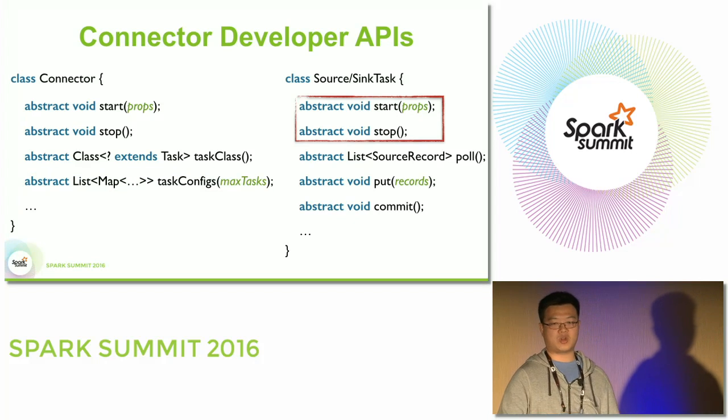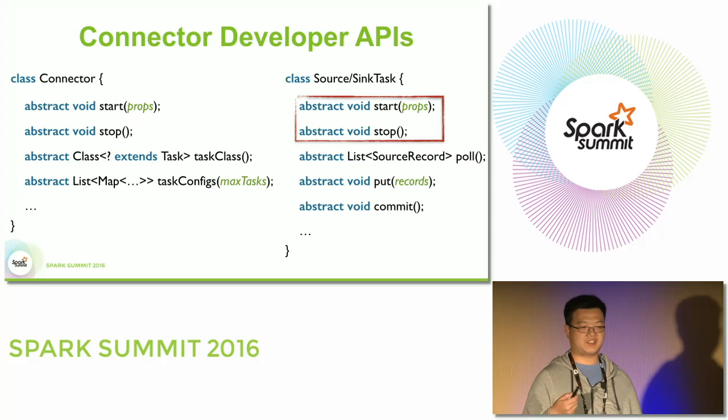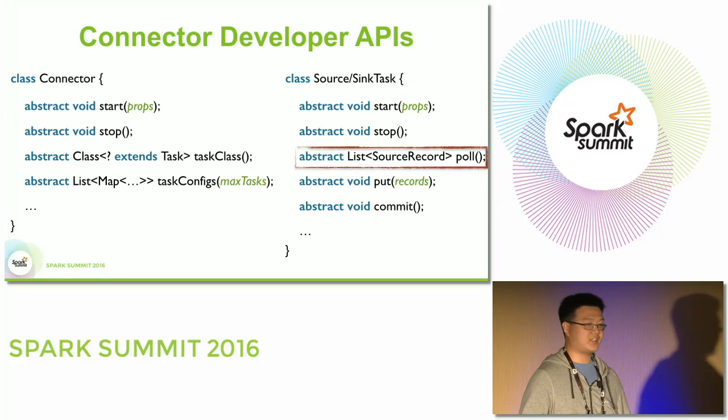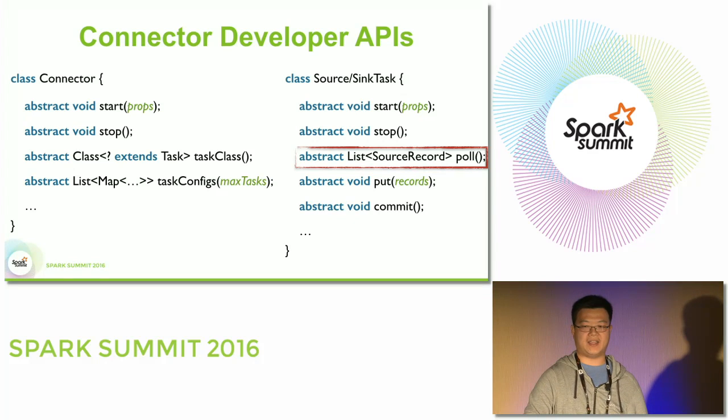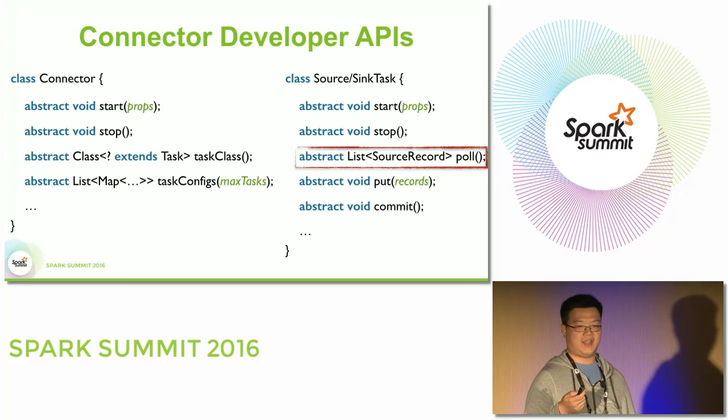Within a source or sink task, similarly, you specify the logic of starting and stopping the task itself. For the source task, you provide a poll function for pulling data into Kafka, which, whenever triggered by the framework, is supposed to retrieve some records from the source.